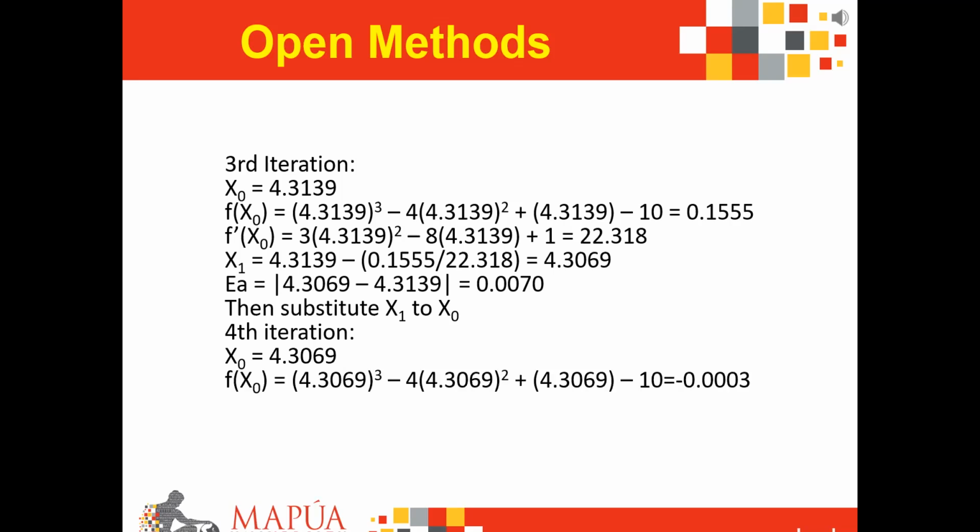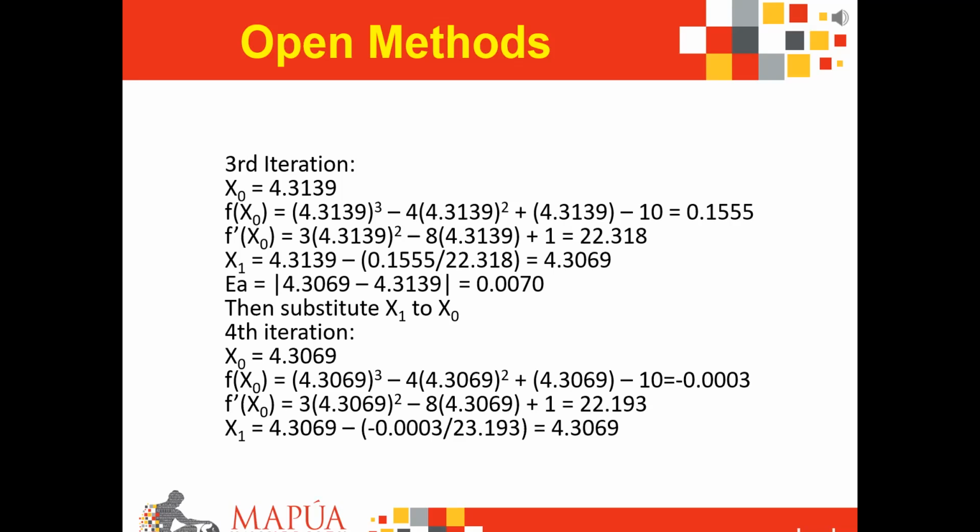Substituting that to your function gives us this solution with a function value of negative 0.0003. Substituting that to your first derivative gives us this solution with a value now of 22.193. And hence, we could now compute for x1 to have this solution with a value now again of 4.3069.